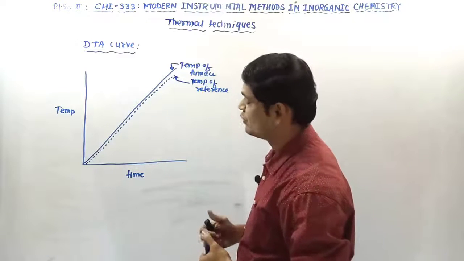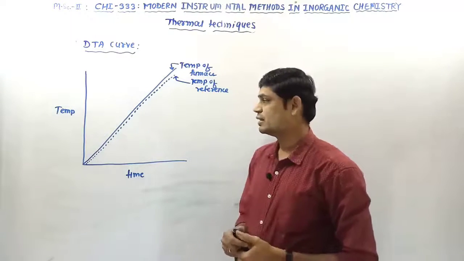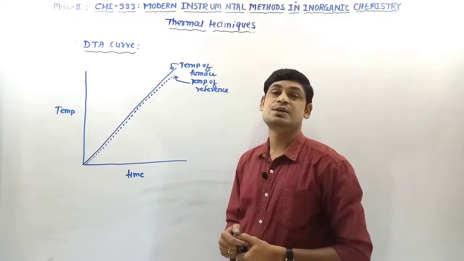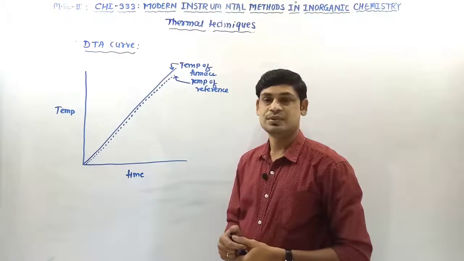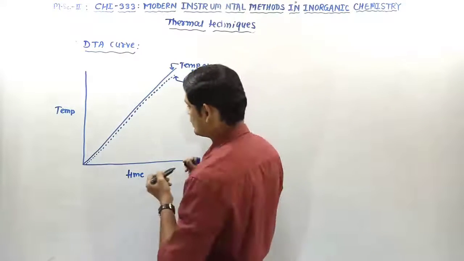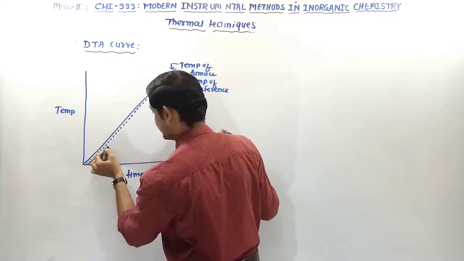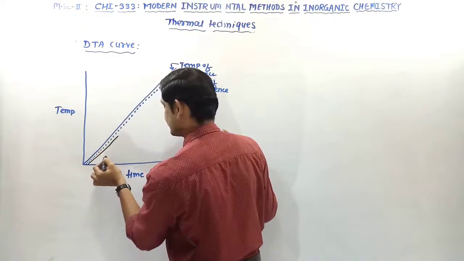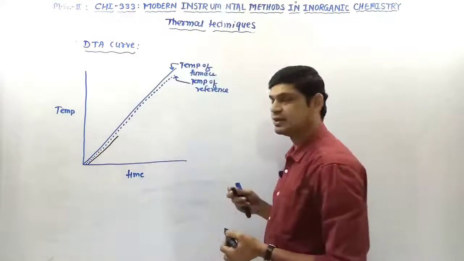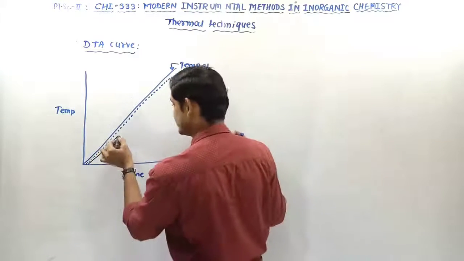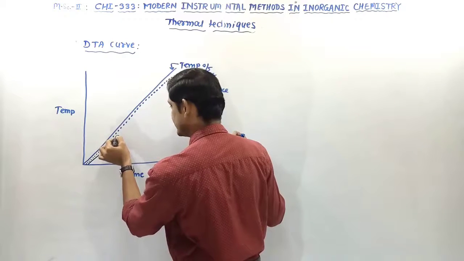And now the third curve which we have to draw over here is the temperature variation of the sample with respect to time. So you can say that up to a certain limit of temperature, the sample is stable, and afterward what happens?